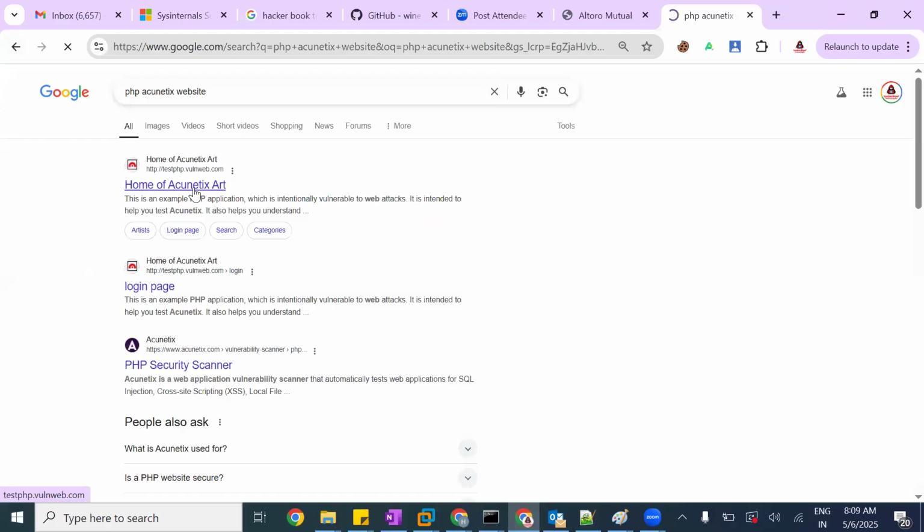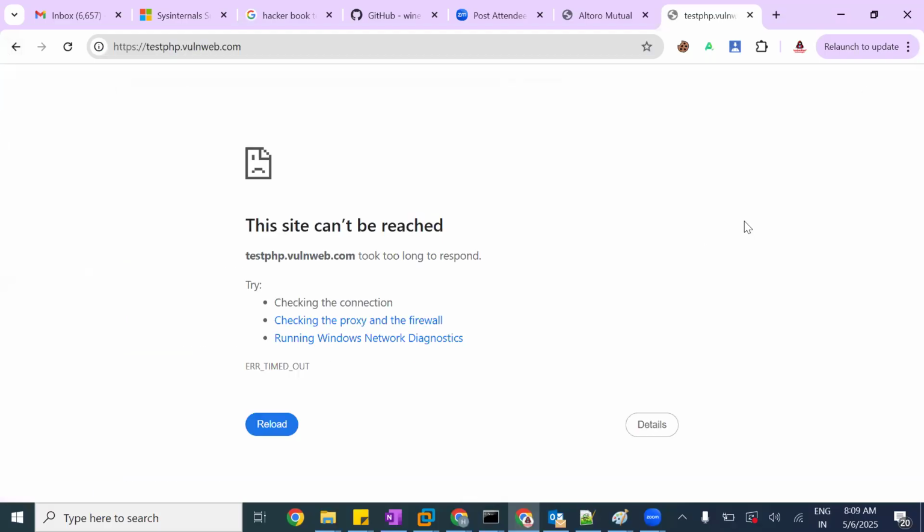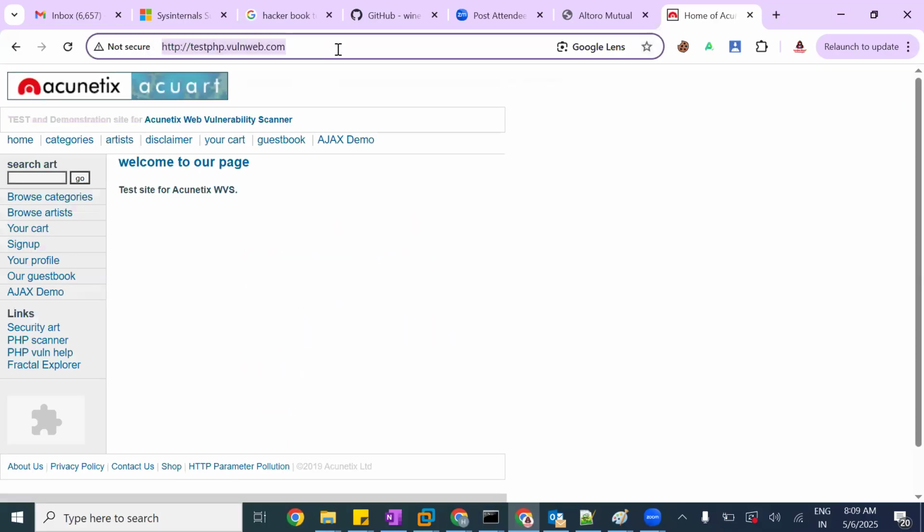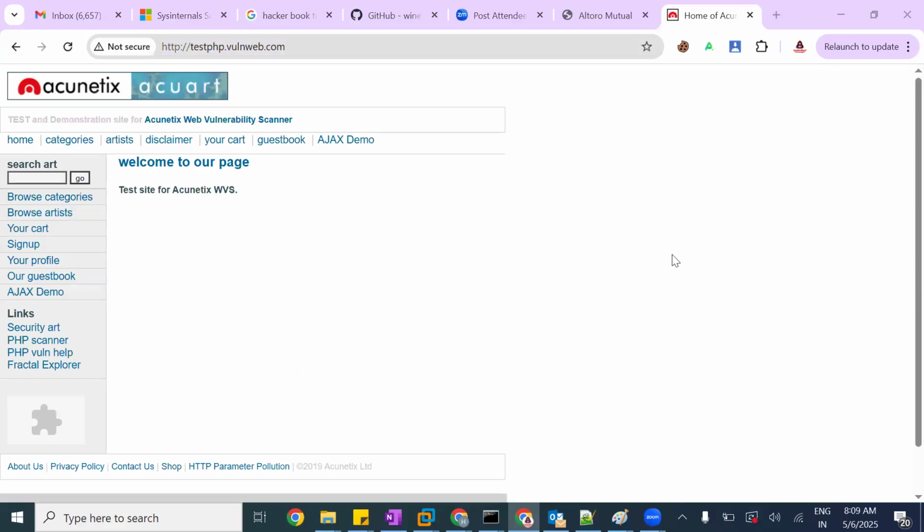Is this a secure or an insecure website? Okay, we are not able to launch it. Is this website secure or insecure? Tell me now. As a security engineer, say for example, I am the client.